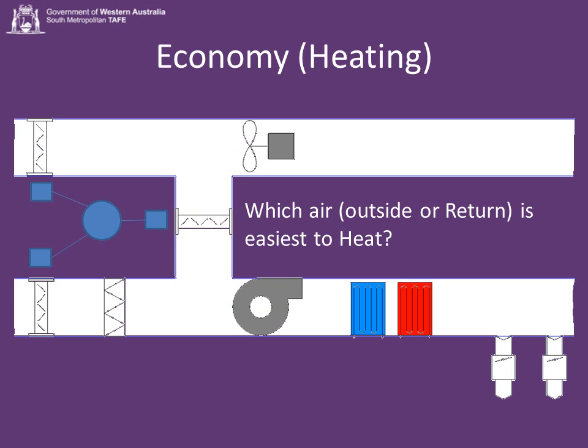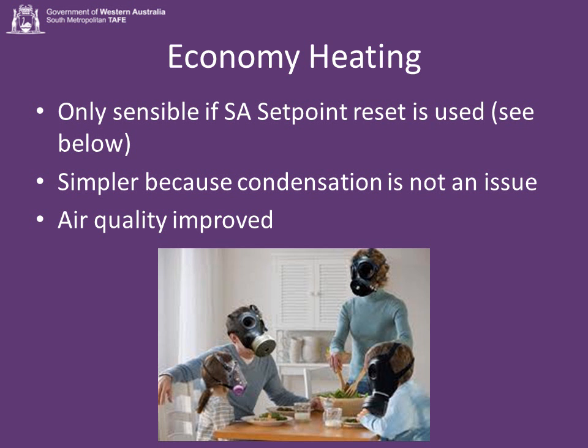Rather than just going on full return air, if the outside air is hotter, we should take that in. Of course, this only makes sense if we're not cooling the air to 12 degrees. In other words, economy heating is only sensible if we're using set point reset.